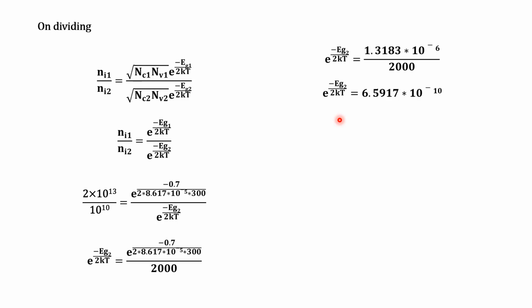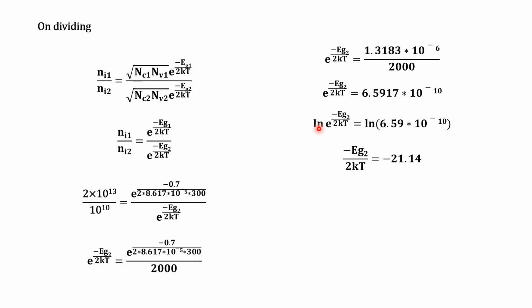Yeah, so we got e power minus Eg by 2 times kT as 6.5917 into 10 power minus 10. And if you take ln on both sides, ln e power something becomes that constant. Suppose we are writing ln e power a, that is basically a. So ln 6.59 will be 21.14.